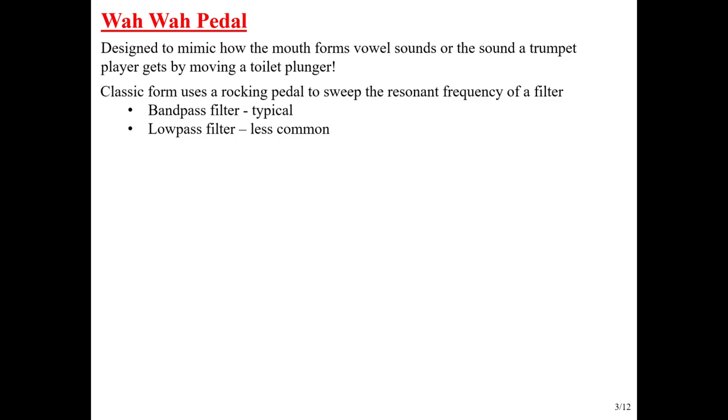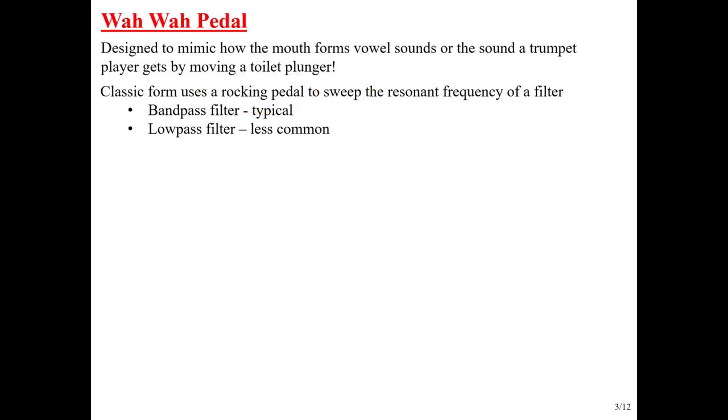But for us, for digital audio signal processing, we're interested in mimicking the effect box that was developed in the 1960s and applied primarily to guitar. I suppose you could use it on other things. But it was a pedal that had a rocking pedal back and forth that you would control with your foot, and you would use that position of the pedal to set the resonant frequency of some sort of filter.